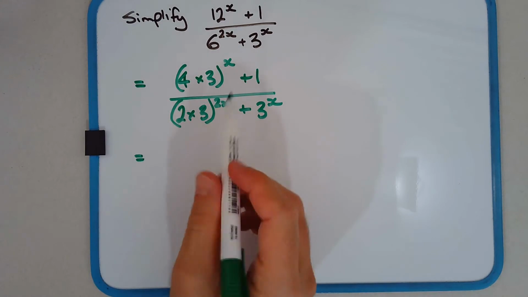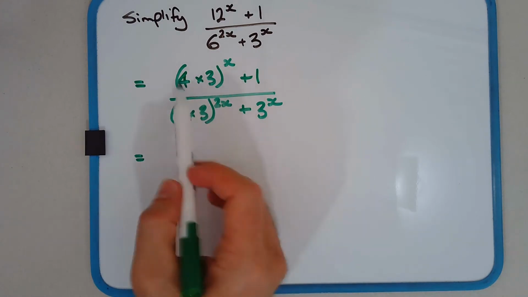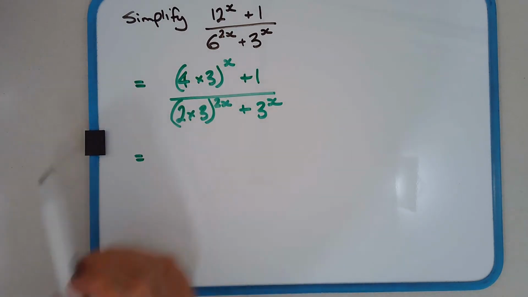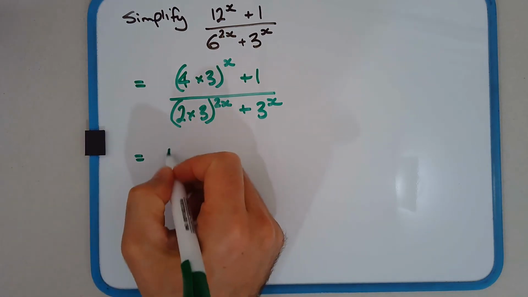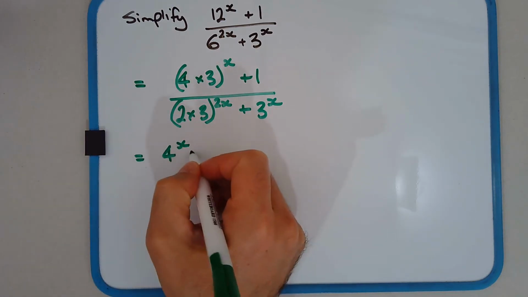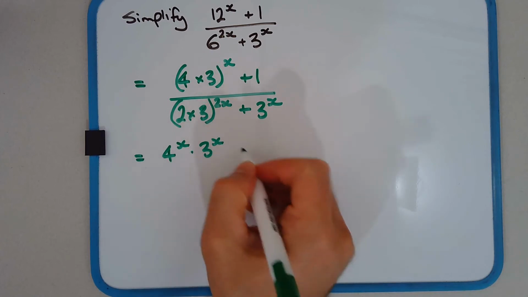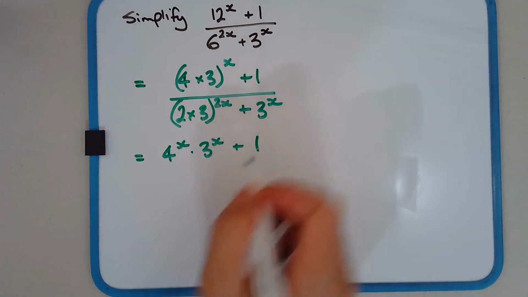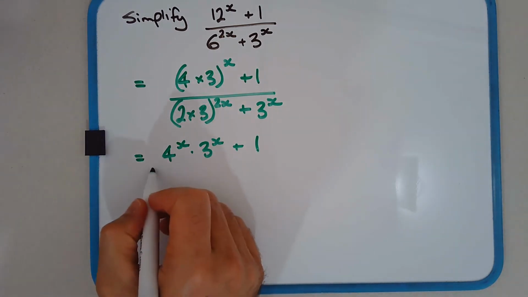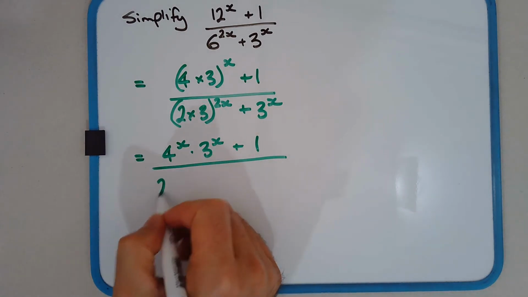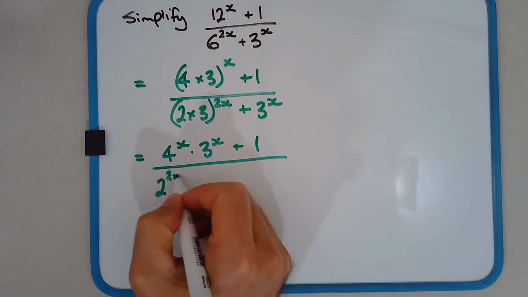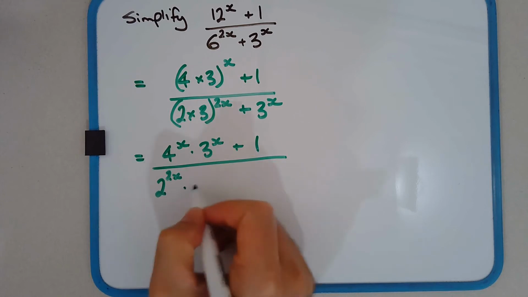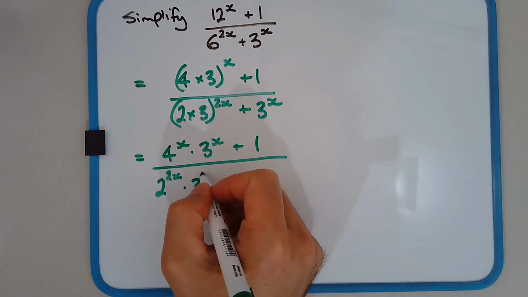Let's start off by, maybe in the numerator, breaking up this bracket here, so expanding that. So we're going to end up with 4 to the x times 3 to the x plus 1, over 2 to the 2x times 3 to the 2x.